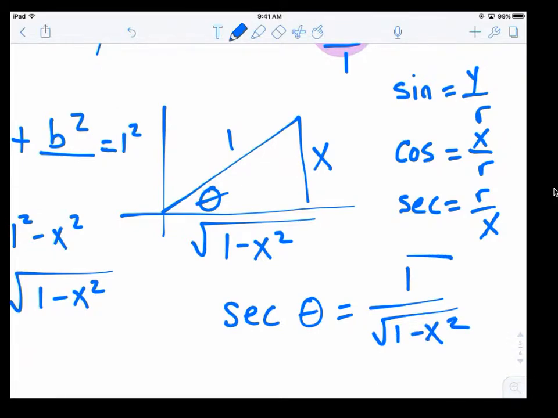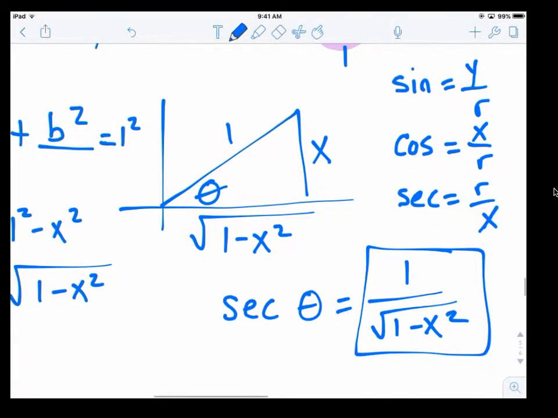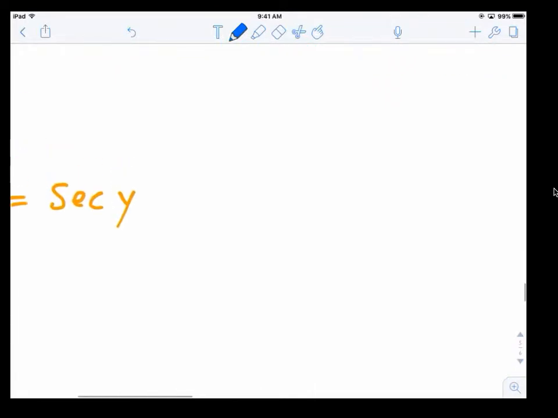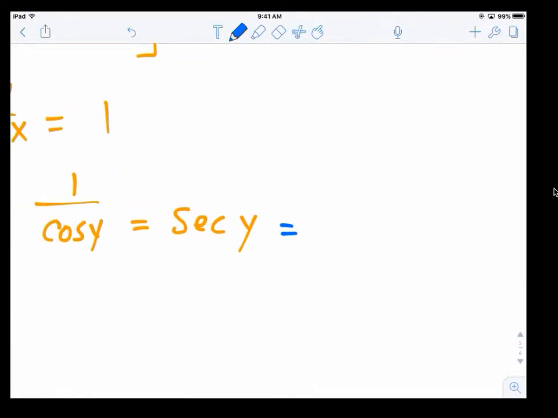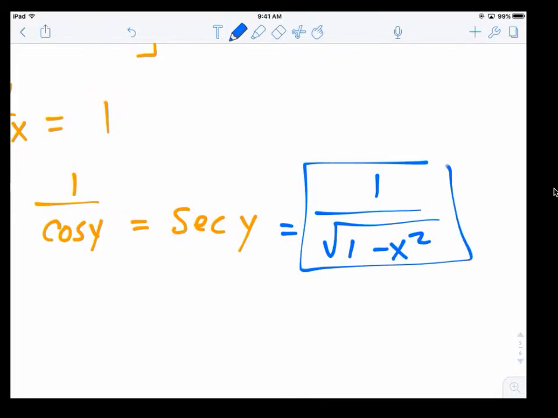All right, now this part here, that is in terms of what? X now, right? So your secant of y turns into 1 over the square root of 1 minus x squared. So that right there is your derivative for arcsine.